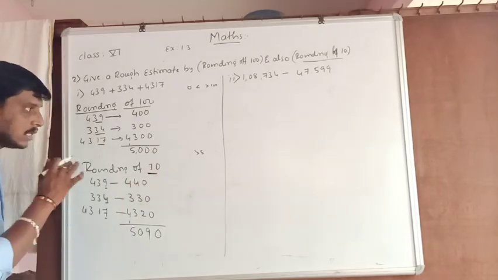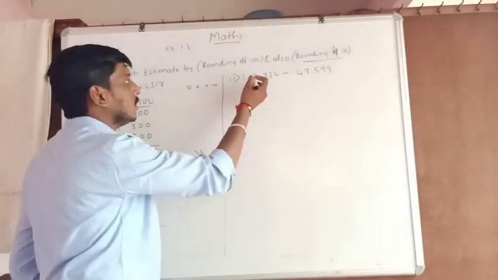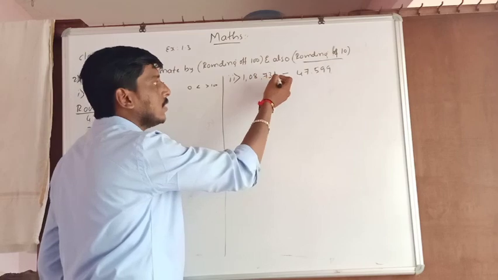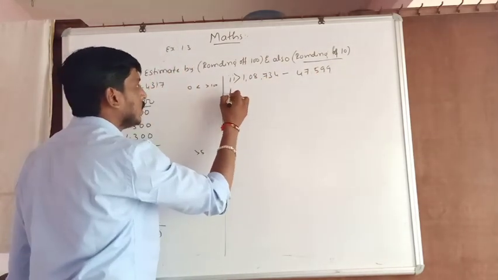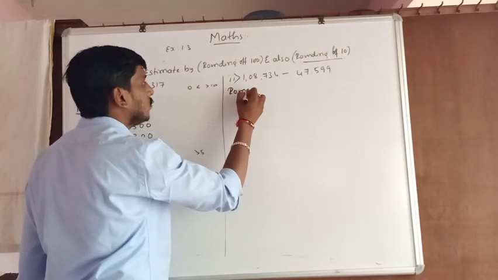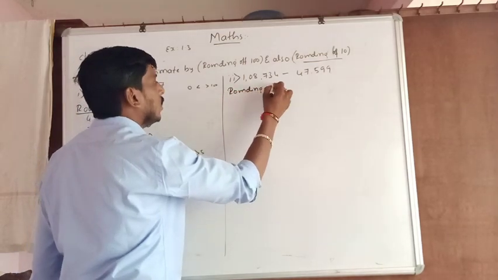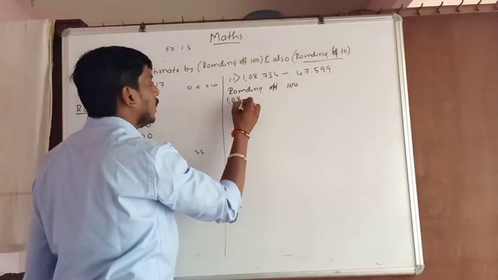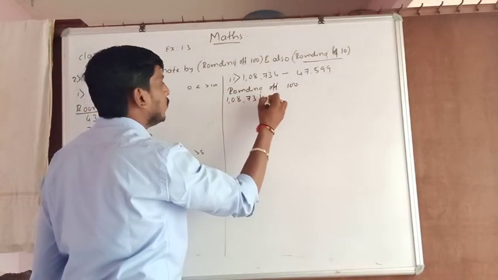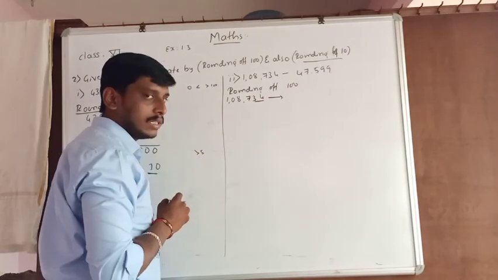Okay, in the same way, here one more question is there: 1,08,734 and 47,599. First I will go for rounding to 100. 1,08,734 rounded to 100 means what? Take the last 2 digits, 34.